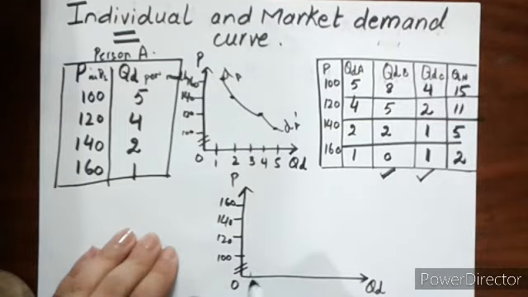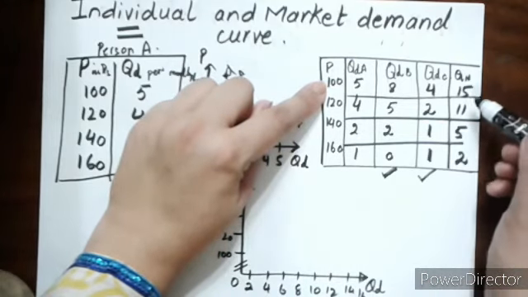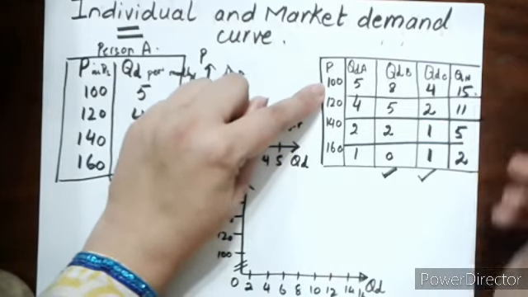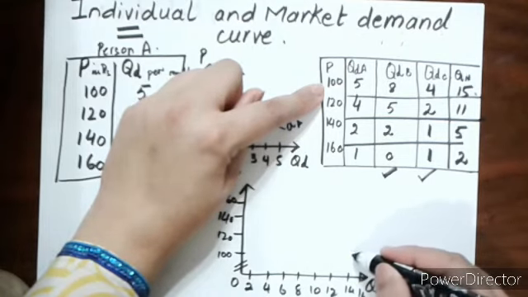I can simply write 1, 2, 3, 4, 5, 6 and extend it all the way to 15, or I can take another scale. Over here I think this will be okay: 2, 4, 6, 8, 10, 12, 14 and 16. So on price 100, the total quantity demanded in the market was 15, which is this.